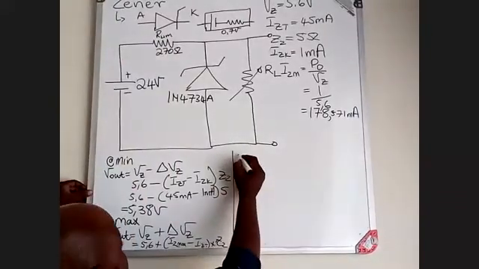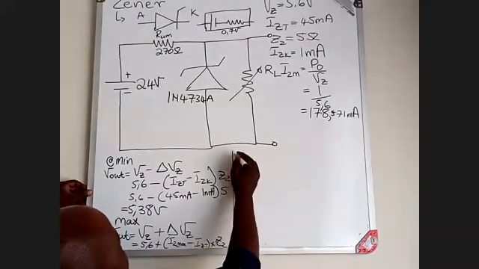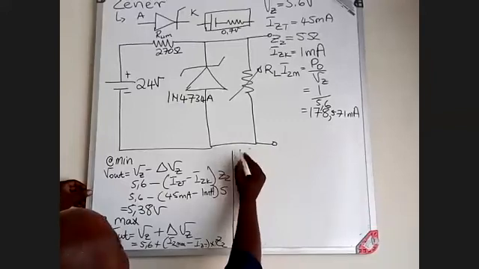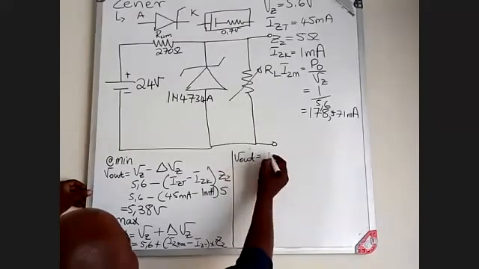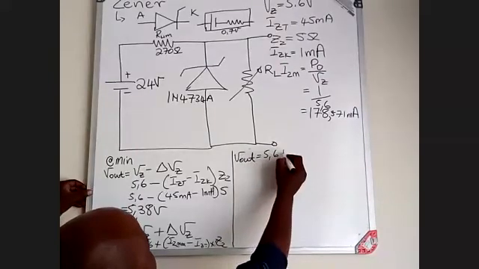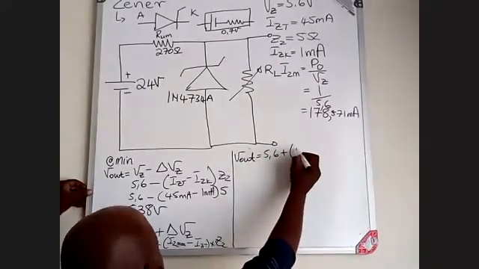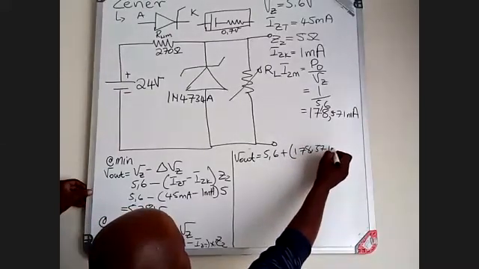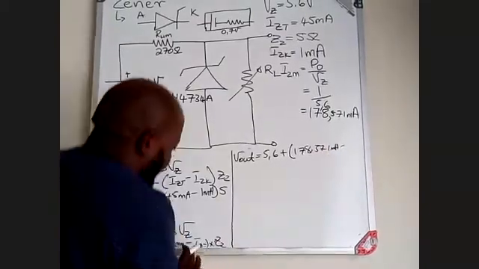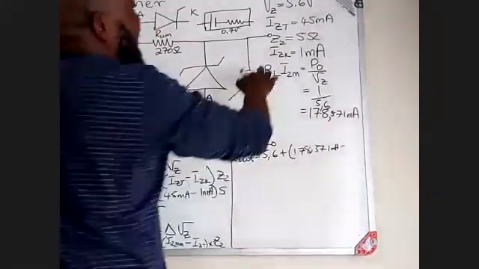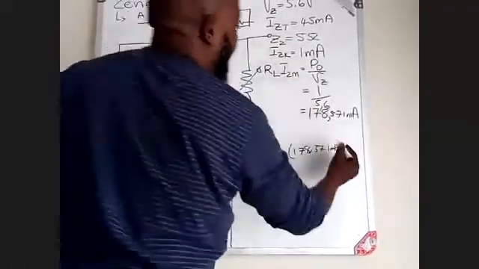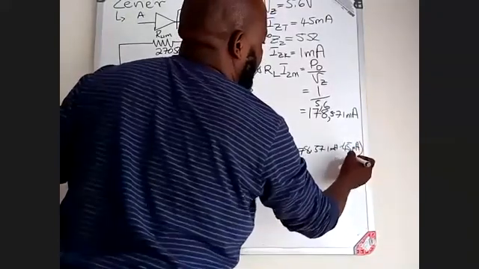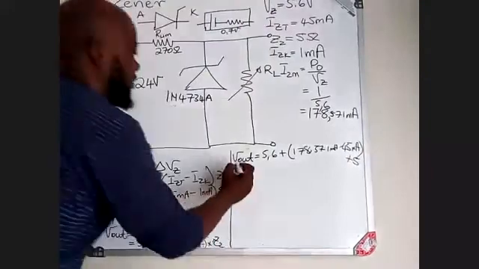Then here is going to be 5.6 plus 178.571 milliamps minus, what is your IZT? Your IZT is 45 milliamps, multiplied by 5.